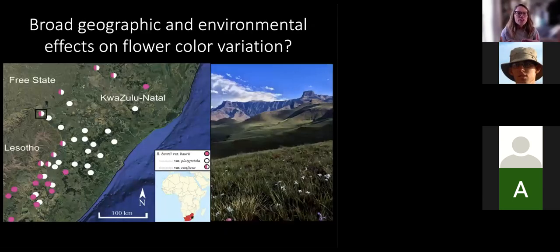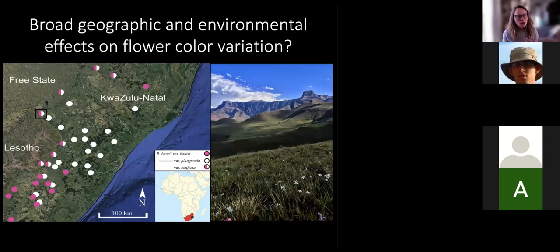So we took another step back, within the three varieties of the Bowerii species, and thought about broad geographic and environmental effects on flower color variation. On the left-hand side here is a plot of the populations: Bowerii labeled in pink, Platypetala in white, and Confecta both half pink and half white.